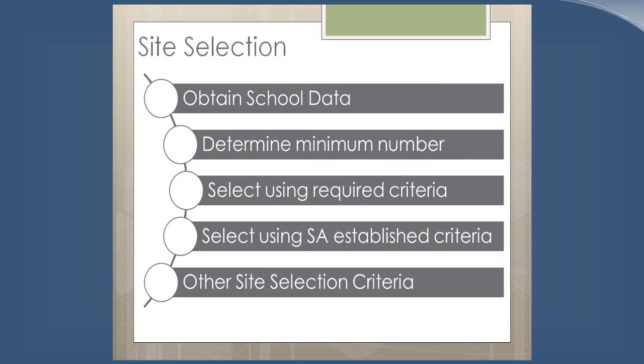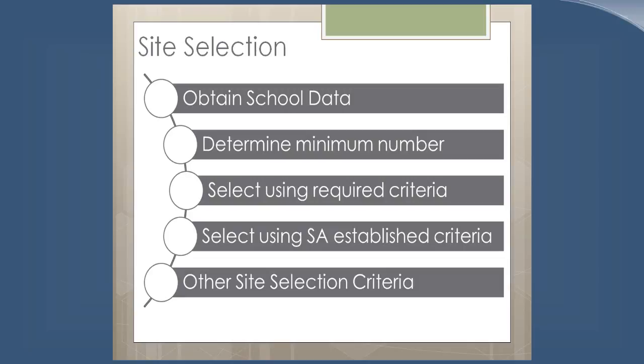So over in Step 1, the SA must obtain data from the SFA for all participating schools. This data must include the school name, the type of school, whether it's an elementary or secondary school, the number of serving days, the number of students eligible for free meals, and the number of free meals claimed for a month at the NSLP.